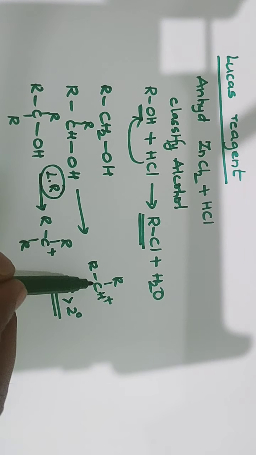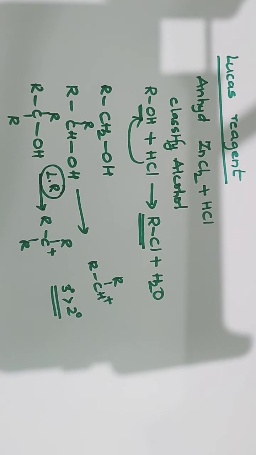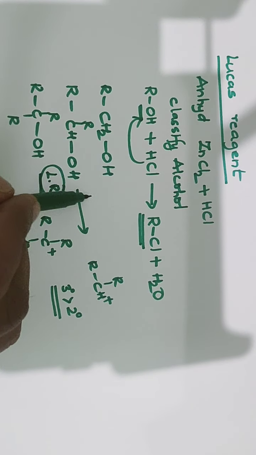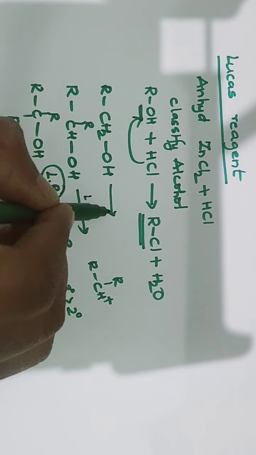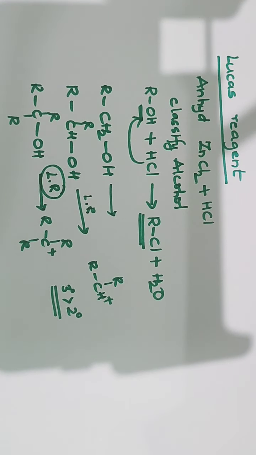Secondary alcohols are a little bit less stable, so they react with Lucas reagent but take around 5 to 10 minutes. Whereas primary alcohols do not react with Lucas reagent at normal temperature. They react at higher temperature, so no visible reaction is observed at room temperature.